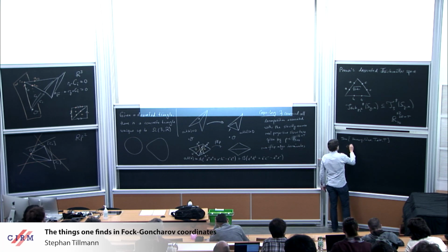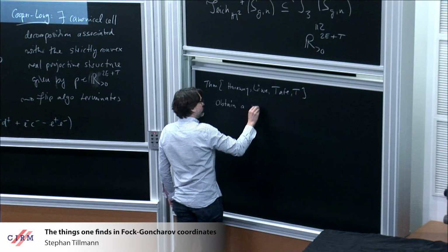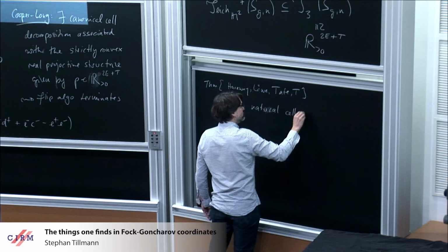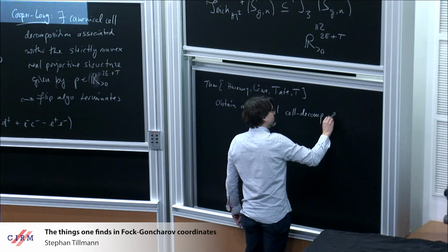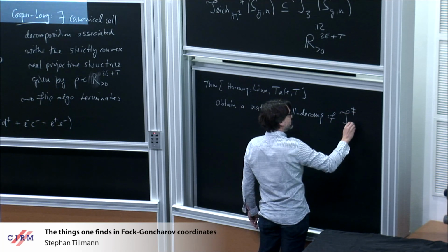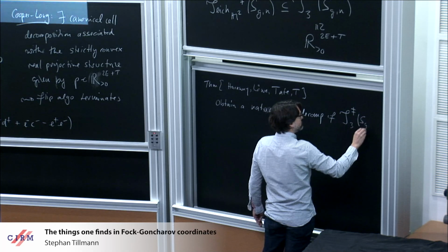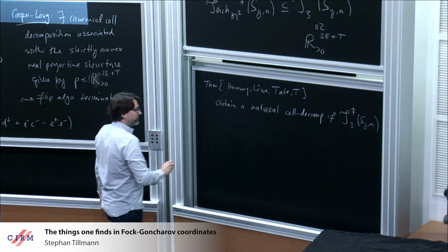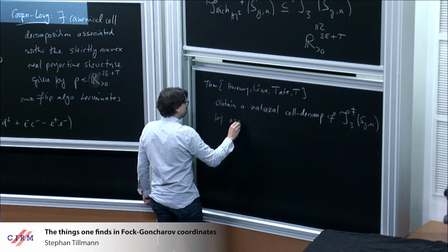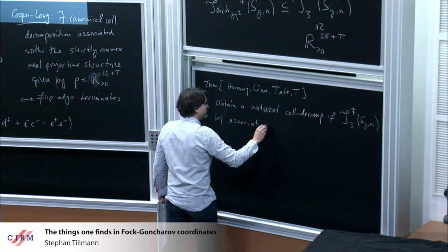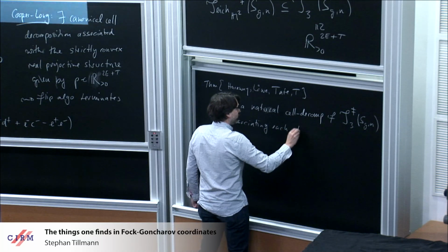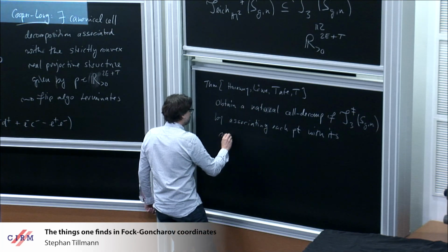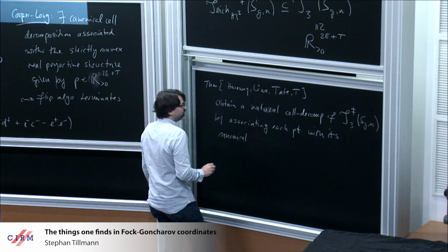So we obtain the natural cell decomposition by associating each point with its canonical cell decomposition.